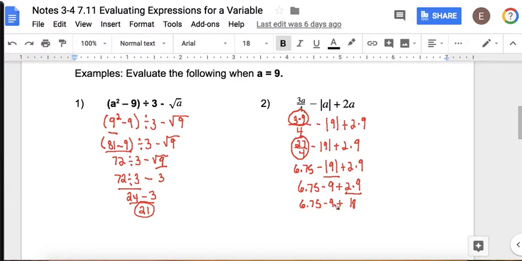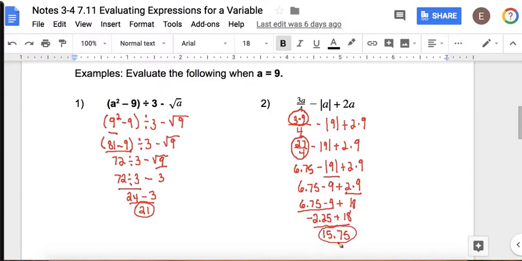I'm going to add or subtract from left to right. So remember, I'm subtracting 9, so I'm going to end up in the negative here. So it's negative 2 and 25 hundredths plus 18. And negative 2 and 25 hundredths plus 18 is 15 and 75 hundredths.